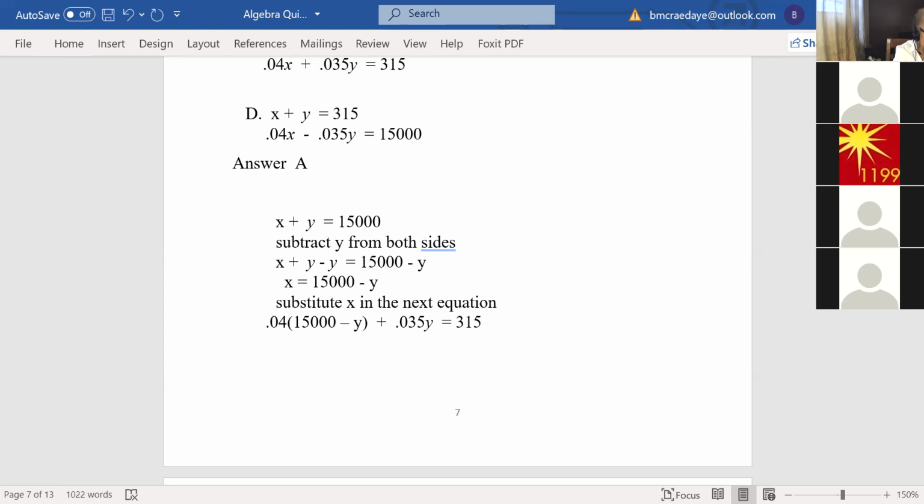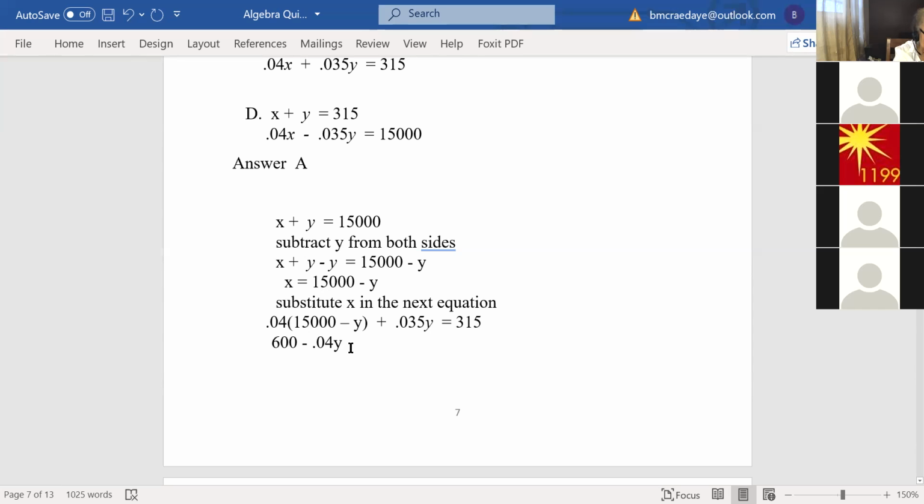That's right. So that's 600. And 0.04 times minus y would be a minus 0.04y. So now we multiply: 0.04 times 15,000 is 600, and 0.04 times minus y is minus 0.04y.